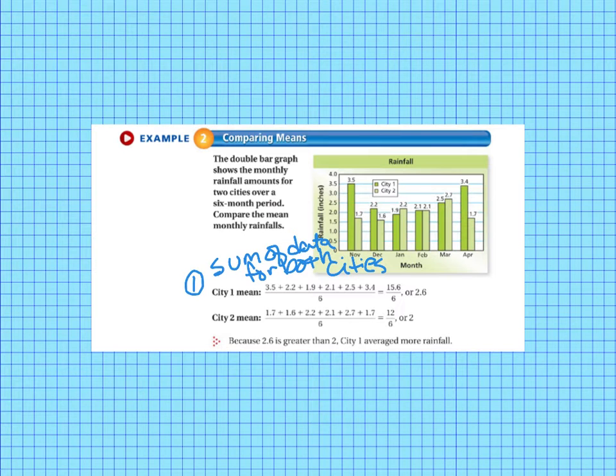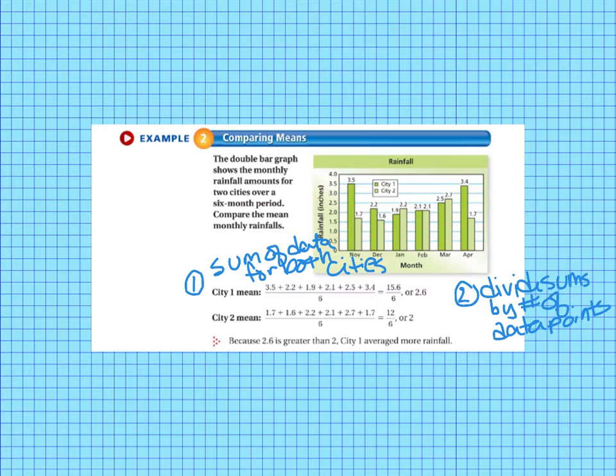And then step 2, we're going to divide the sums by the number of data points, which is 6, because we collected data for 6 months. And again, we do that for both cities.